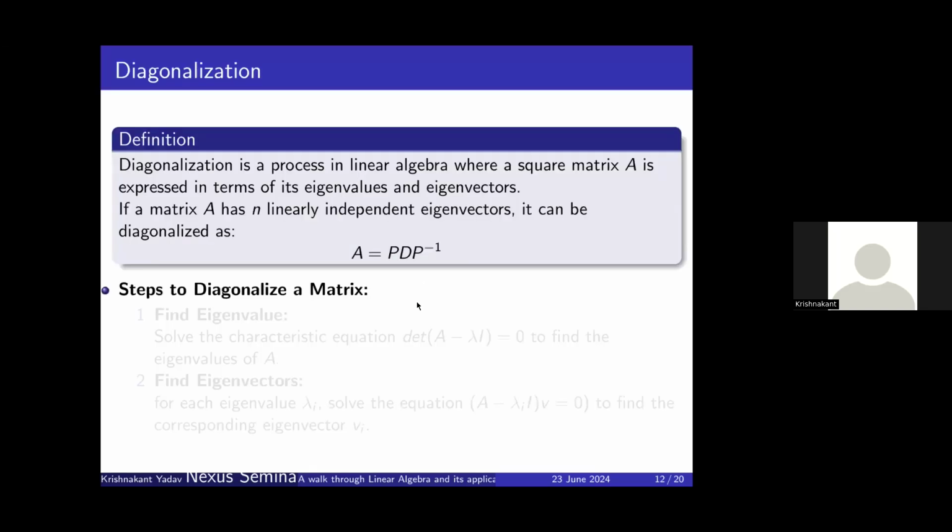So next one is diagonalization. Diagonalization is the process in linear algebra where a square matrix A is expressed in terms of its eigenvalues and eigenvectors.